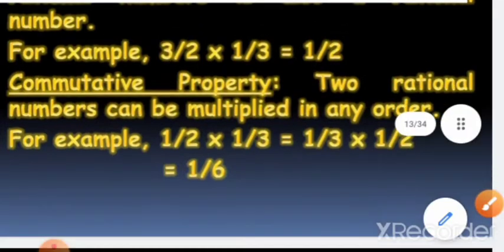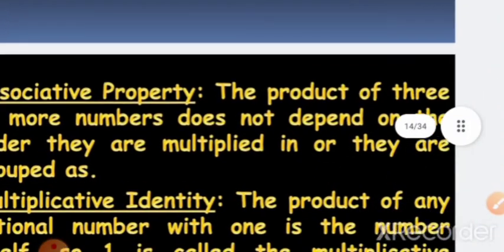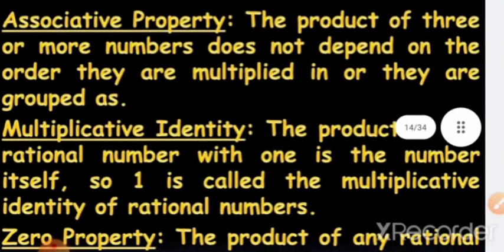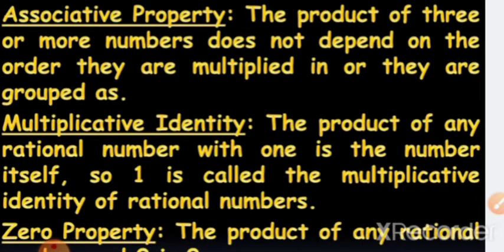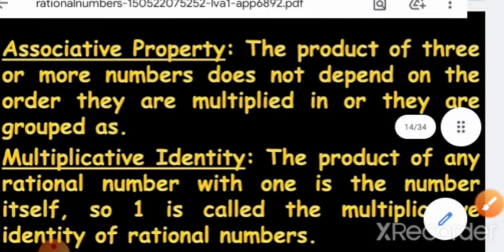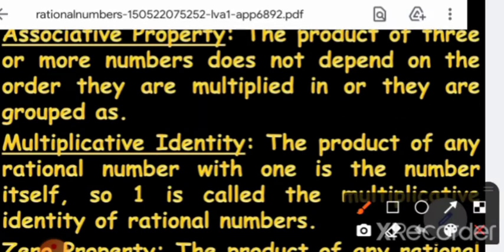Now the next property is the associative property. The associative property is fulfilled for three numbers. This property is useful for three numbers. The product of three or more numbers does not depend on how they are grouped. The product of three rational numbers is the same even if they are grouped differently.